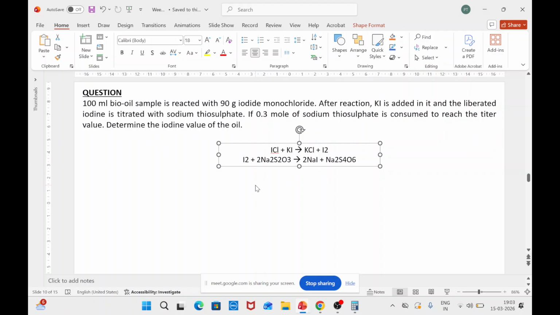Now it is told that the liberated iodine consumes 0.3 moles of sodium thiosulfate. Based on this, we need to do the back calculation to identify the iodine value of the oil.